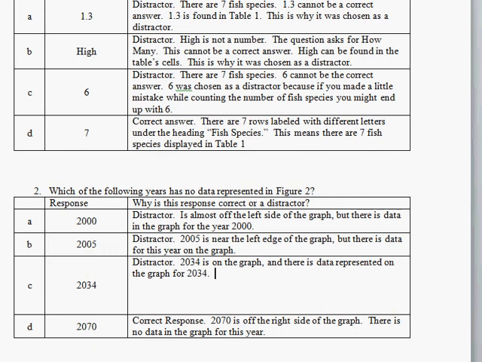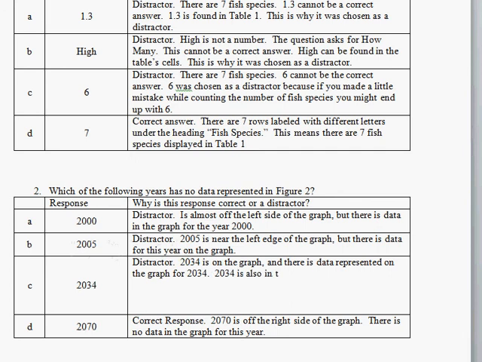Okay, now 2034, I think this one also might be a distractor because if I'm looking at this quickly, and I'm thinking in my head as I'm reading this list, 2000, yep, that's already happened. 2005, yep, that's already happened. 2034, wait, that hasn't happened yet. So of course the data is not going to be on a graph because 2034 hasn't happened yet. So if I just pick responses before reading them all, so I just don't even get to 2070, I might, without even looking at the figure, think that this might be a correct answer because it's in the future.